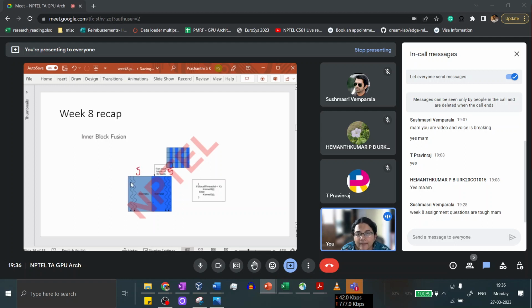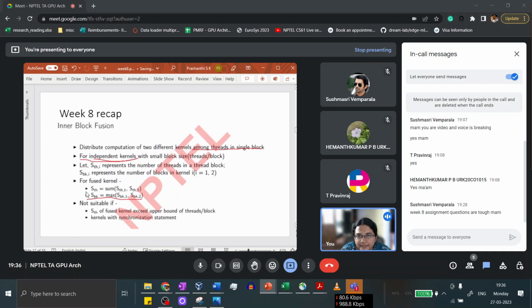If I just took the max of these two, which is 5, I'm not going to get the desired parallelism, because I have fewer threads than what was originally intended for this kernel. So instead I will do 5 plus 5, which is 10, and make sure that both kernels have the same number of threads as originally intended, 5 and 5. That's why it changes to the sum of STH1 and STH2.